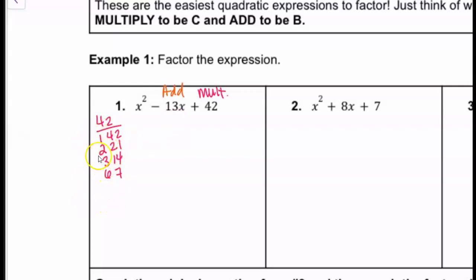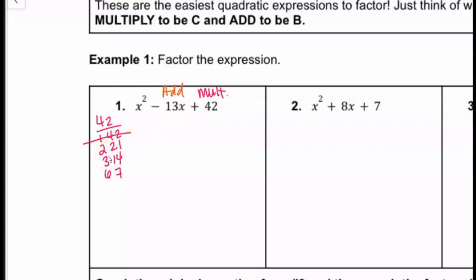These are all the different combinations that multiply to 42, but which of these numbers are going to add to 13? And not just 13, negative 13. If I add 1 and 42, I get 43. If I subtract them, I get 41. No way that I can combine them, because when we say add, we also mean add or subtract. 2 and 21, if I add them, I get 23.